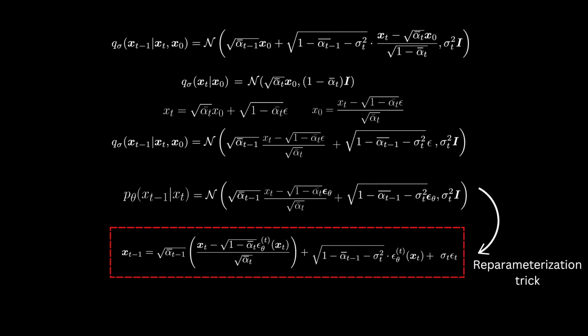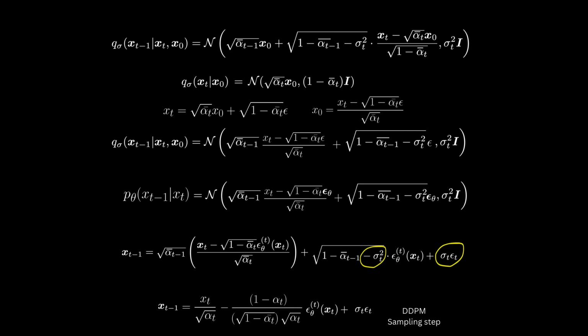Just for comparison, this was the update equation that we had for DDPM. A clear change that you can now see is that sigma is also involved in the mean formulation. Up till now, we haven't really talked about sigma at all. We have just said different sigmas will lead to different processes. But how exactly are those processes different? Let's take a look at that.